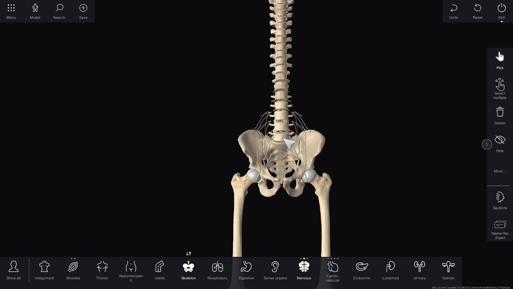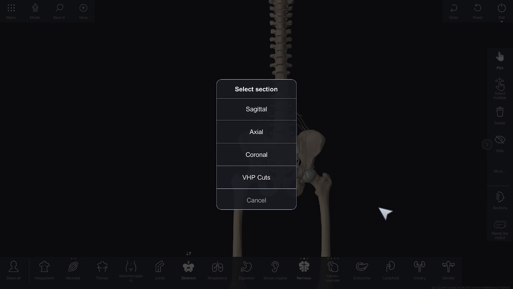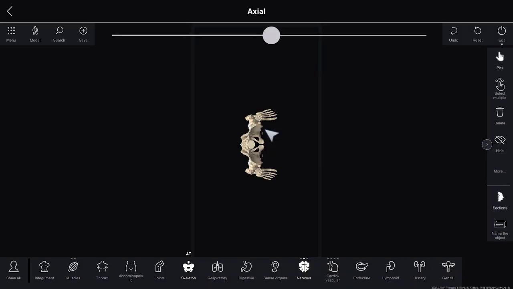This is 5th lumbar, 4th, 3rd, 2nd, 1, 12 thoracic. So I use this instrument, select section. Please explain, this section is what from this? No, axial. It's axial. So I use axial.